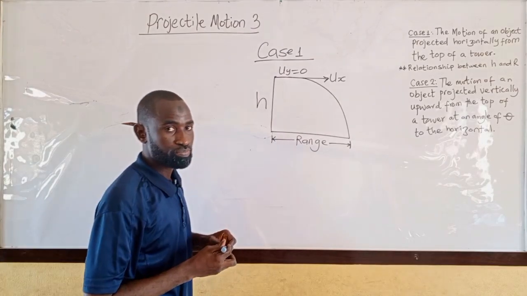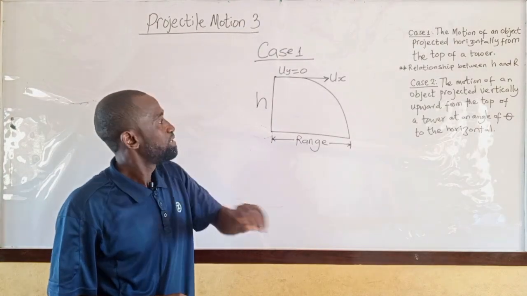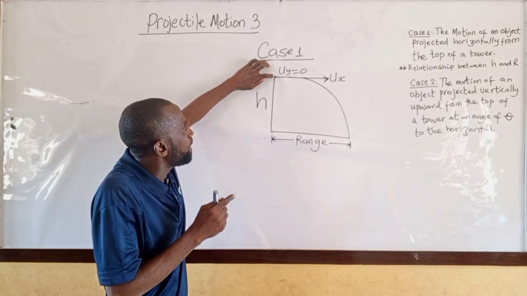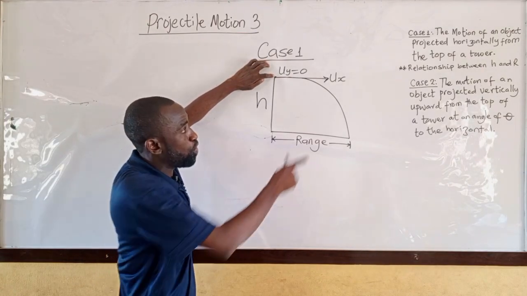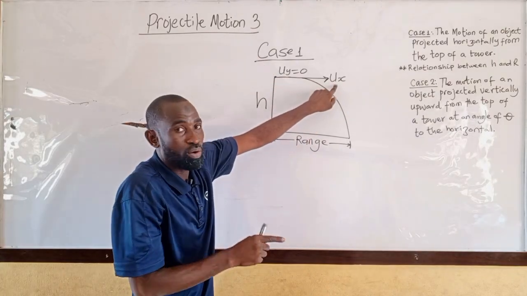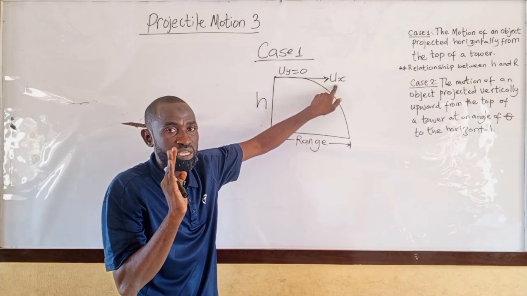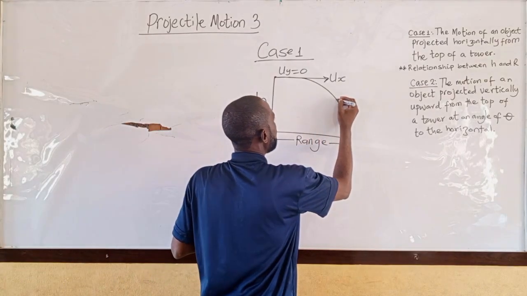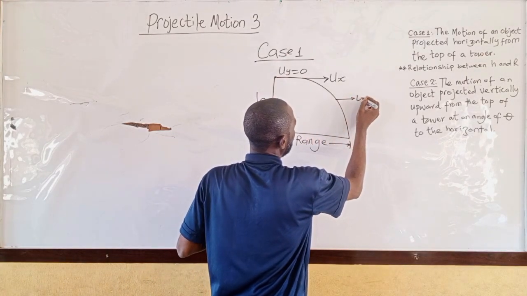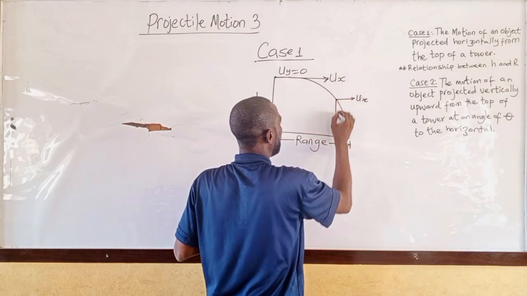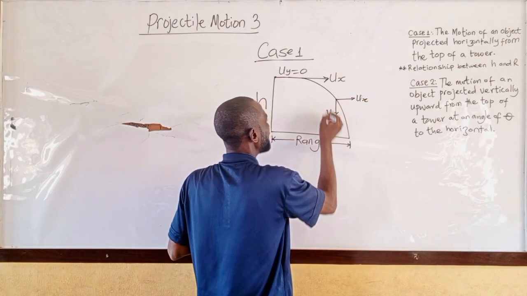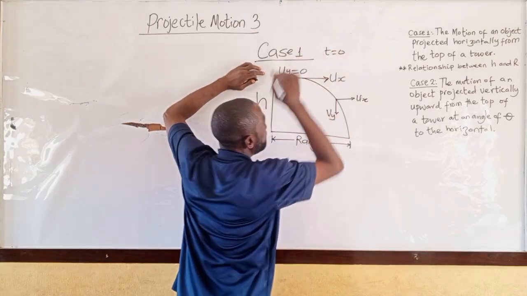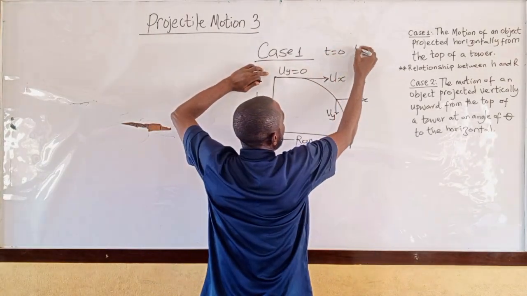So if they ask us, the only velocity that a projectile will have at the point of projection for the horizontal one is the initial component of the velocity. At time t equals 0 plus, the only velocity is u of x.